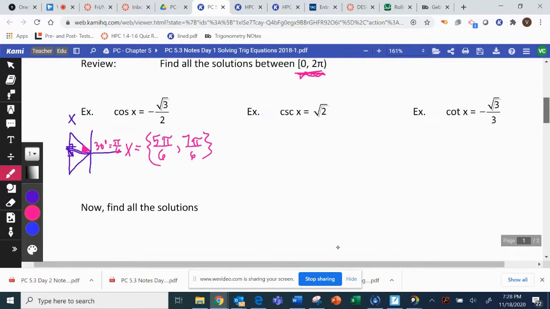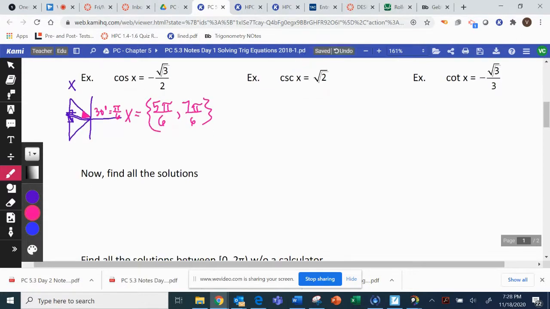Right underneath it, it says now find all the solutions. What I mean by all the solutions is, instead of just the one or two solutions between 0 and 2 pi, we can go around that circle as many times as we want. So instead of just going to 5 pi over 6, we could go all the way around again and hit that same location.